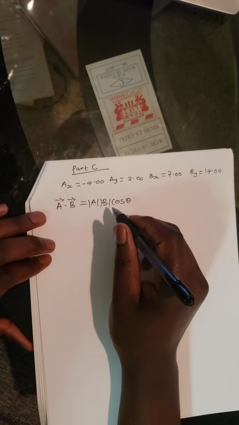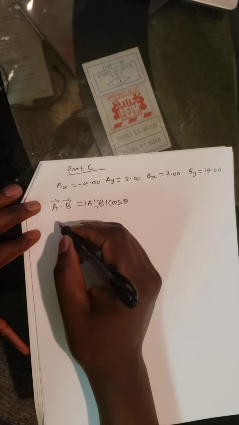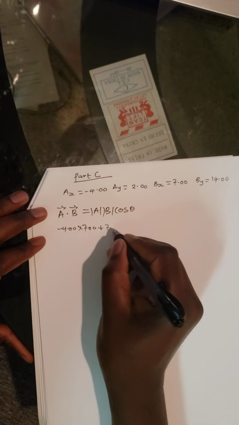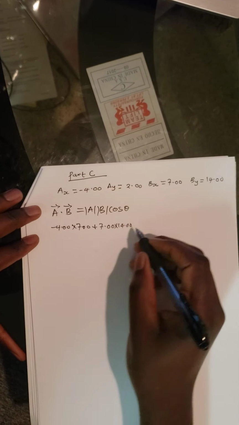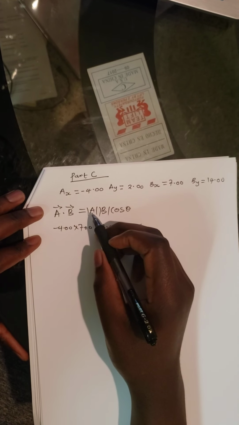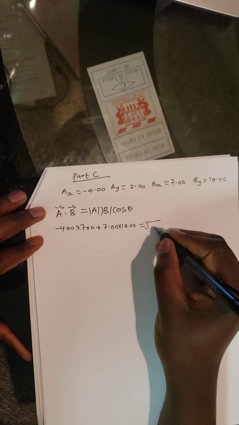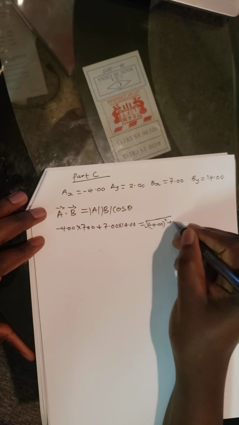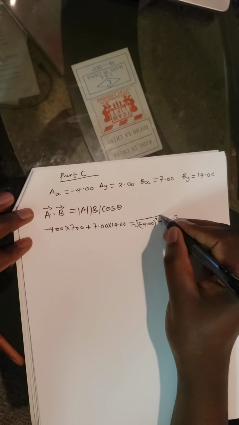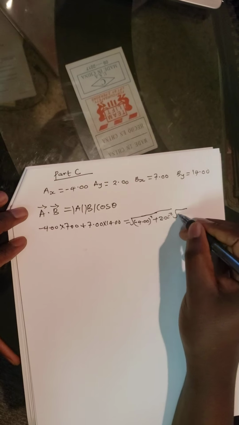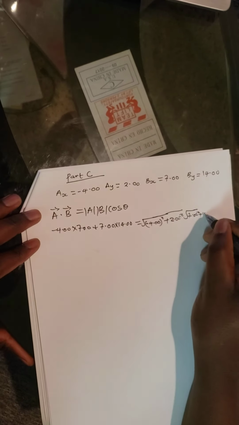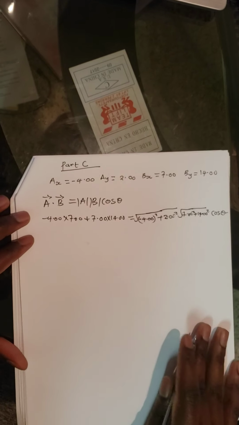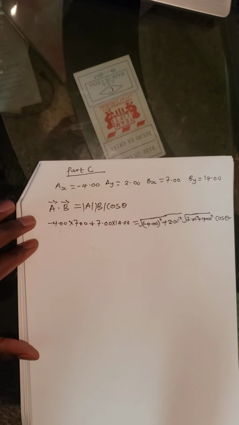The dot product itself is going to be minus 4.00 times 7.00 plus 2.00 times 14.00, and the magnitude of A is the root of minus 4.00 squared plus 2.00 squared, multiplied by the root of 7.00 squared plus 14.00 squared, cosine theta.